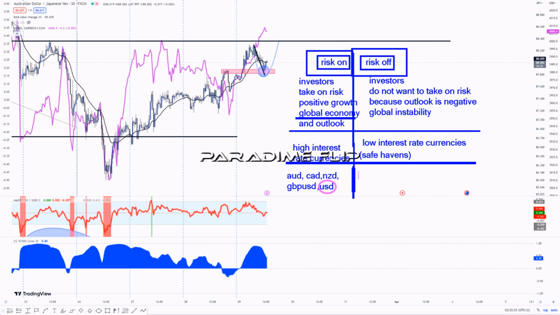Now, in our low interest rate currencies, we basically have the Japanese yen and the Swiss franc. And although the US dollar is not a low interest rate currency, it is termed a safe haven. So in a risk-off environment, people put their money in US dollars, and the reason for that is because it is the global reserve currency. Everything is priced in dollars.